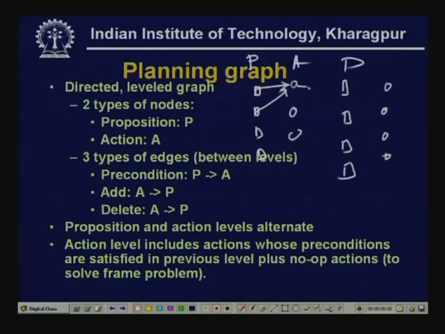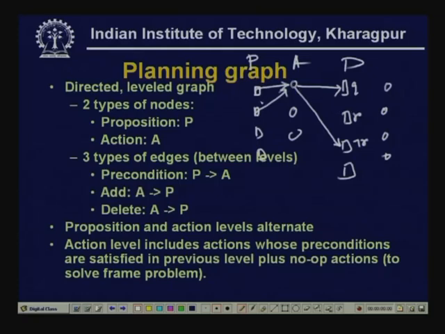If this action is executed, this proposition will be added, and we have delete edges. If this action is executed, certain propositions will be deleted. So, this may be Q and this may be R, this may be not R. So, we may have delete edges, add edges and delete edges from action nodes to proposition nodes.